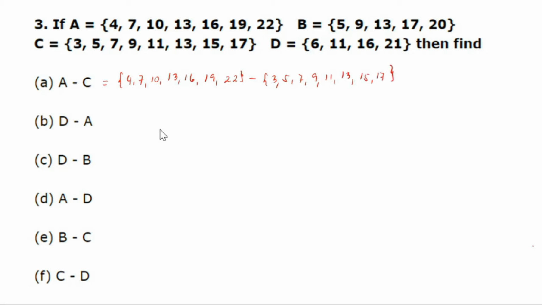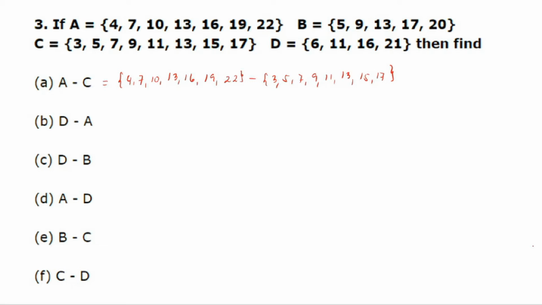The idea here is that we are going to cancel out the elements of set C from set A. I will use cancellation so that the remaining elements will be the answer for A difference C. I'll start first with 3. I don't have 3 here.